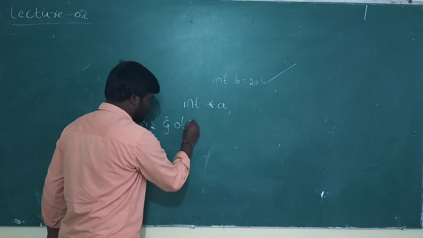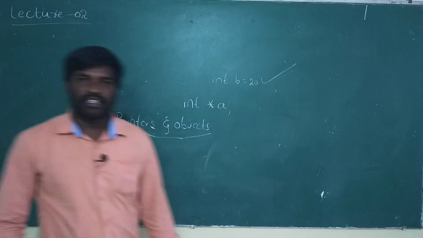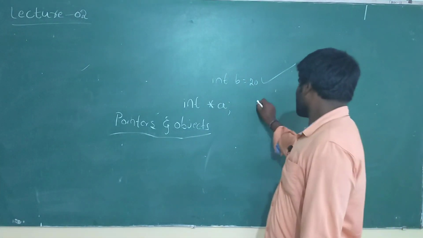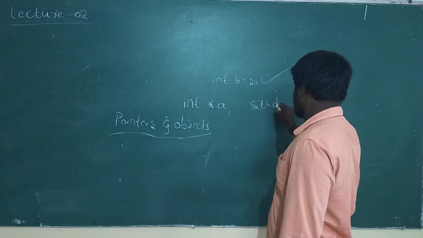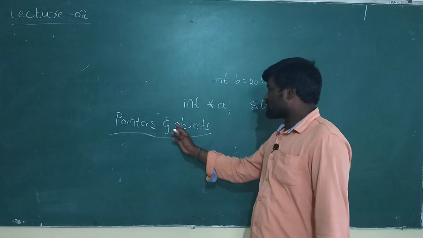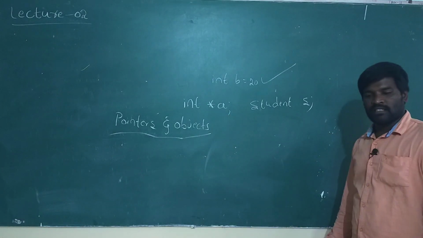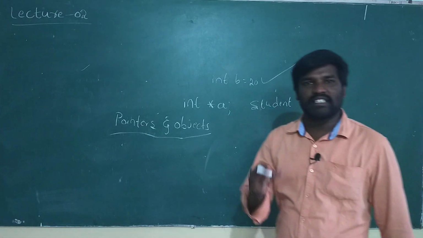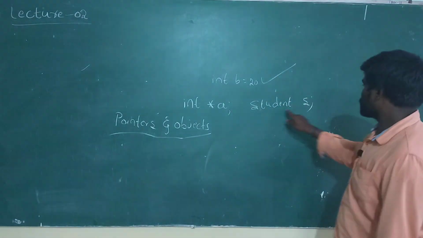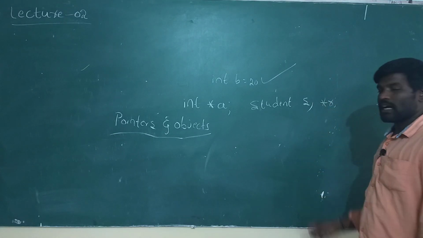Pointers and objects. If we create a normal object, for example, if it is the student class, here s is an object. Pointers and objects means, again with the help of pointers it is possible to create the objects. Here Student is there. I can declare one object, that is *r.